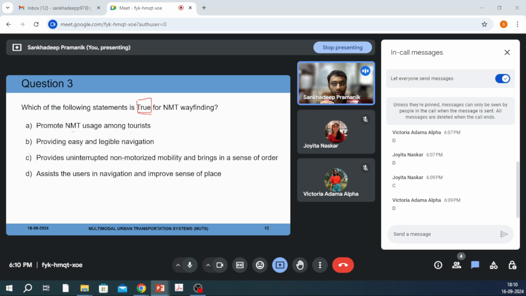So these three are correct: it promotes NMT use among tourists, it provides easy and legible navigation, and it assists the users in navigation and improves the sense of place. The last one, providing uninterrupted non-motorized mobility and bringing in a sense of order, actually doesn't have any connection with NMT wayfinding.